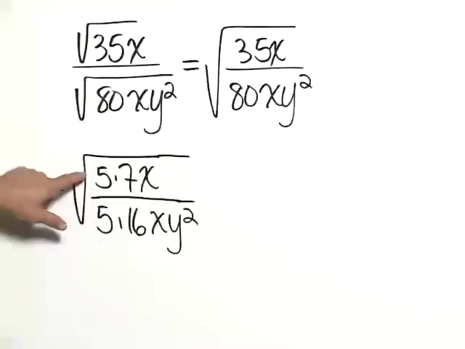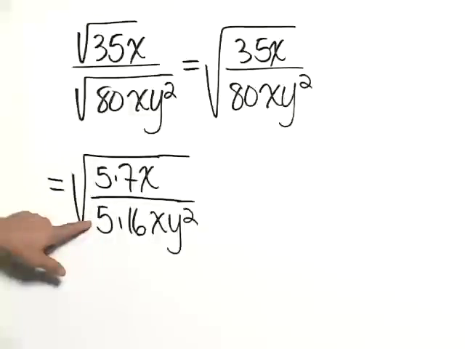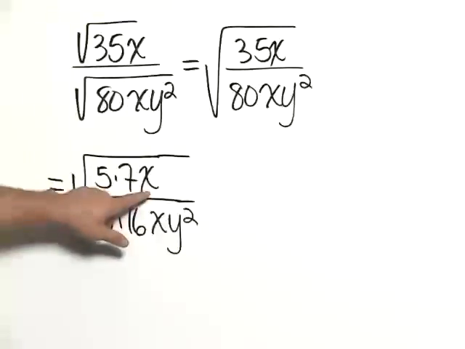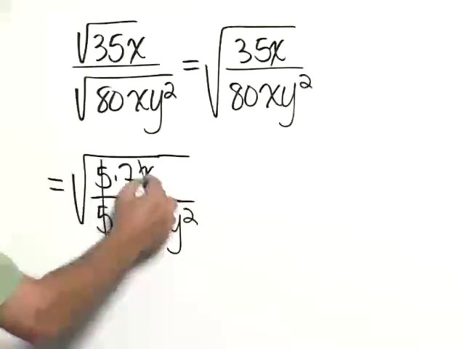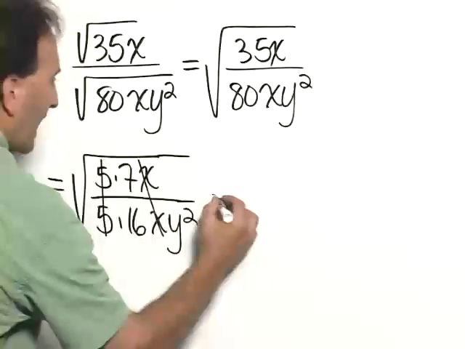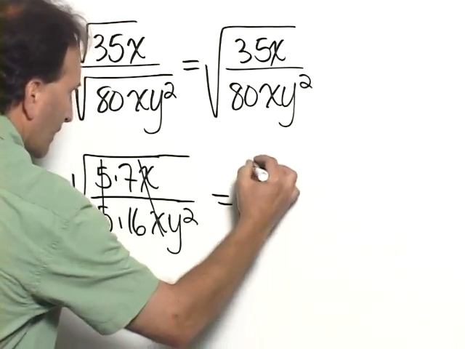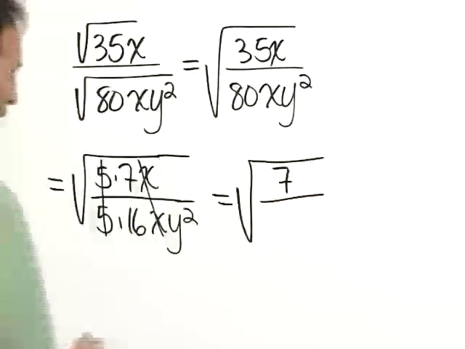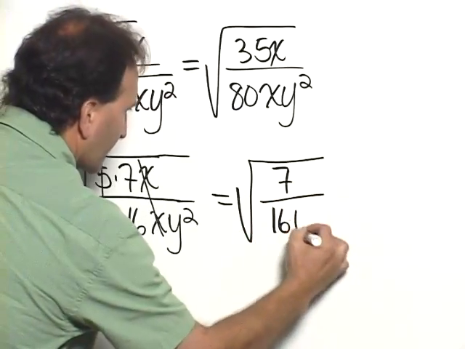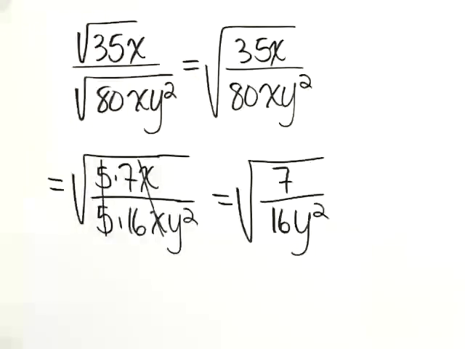And we can now remove a factor of 1, which is the 5 over 5. We can also remove a factor of 1, which is the x over x. Let's show that clearly. So what we have as the first step in the result is the square root of 7 over the square root of 16y squared.